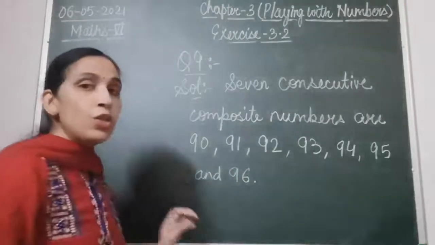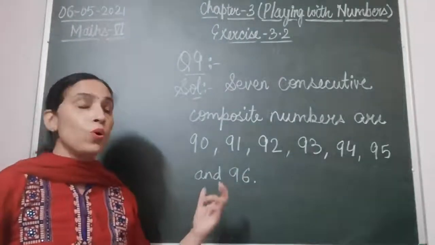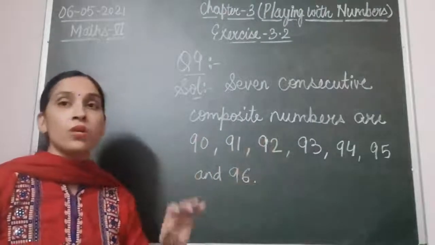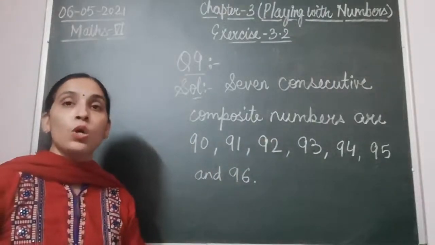And from 1 to 100 you will be having only this set of 7 consecutive composite numbers.